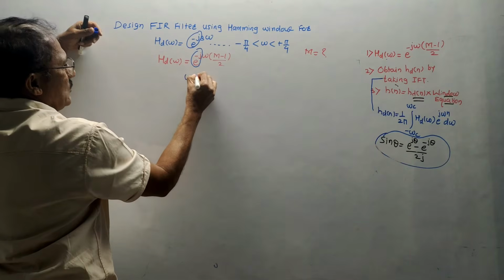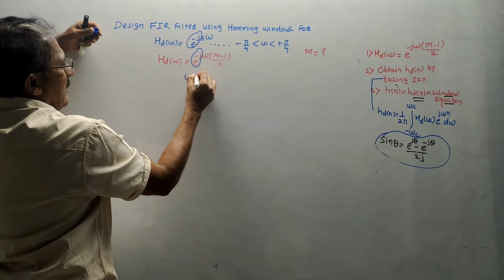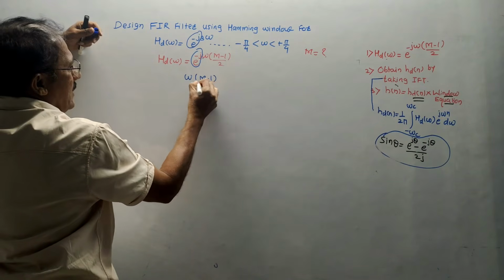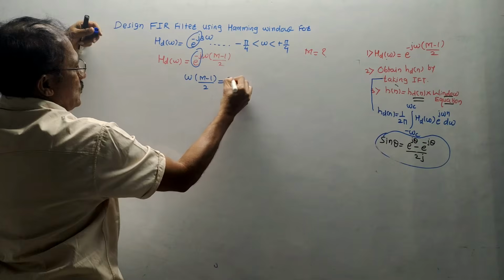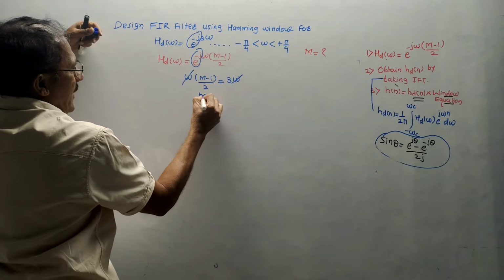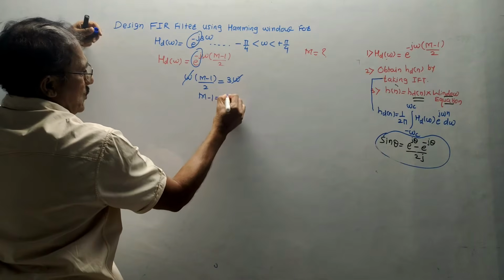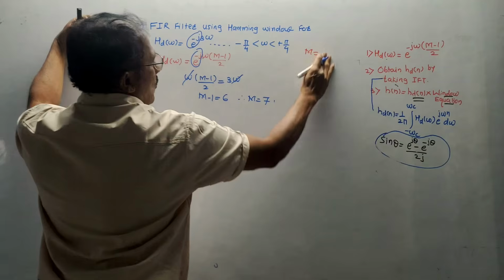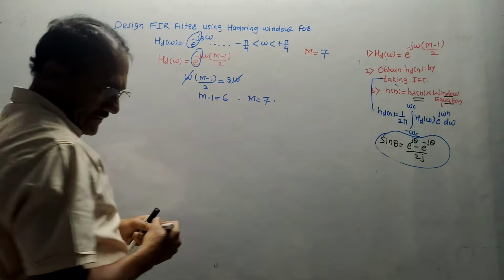So omega (M minus 1) upon 2 is equals to 3 omega. Omega gets cancelled. So M minus 1 is equals to 3 into 2, 6. Therefore, M is equals to 7. So I got the value of M, that is equals to 7.